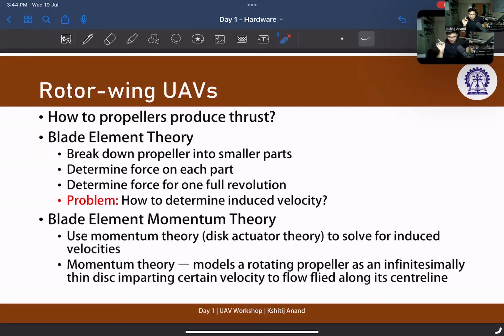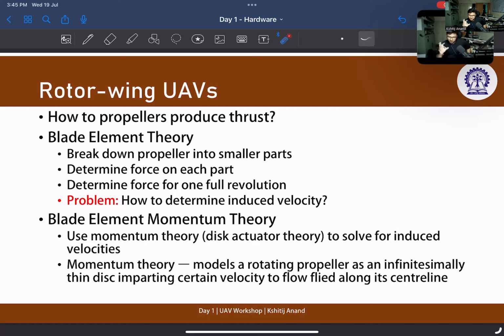However, there is a problem: how do you determine the incoming or induced velocity on the propeller? The blade element theory makes some assumptions, but those assumptions do not provide very accurate results. They provide workable results, but if you really want accurate results, you can study momentum theory.